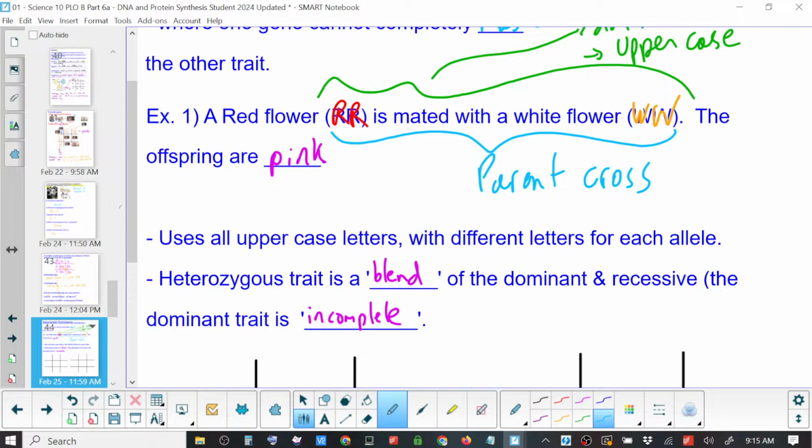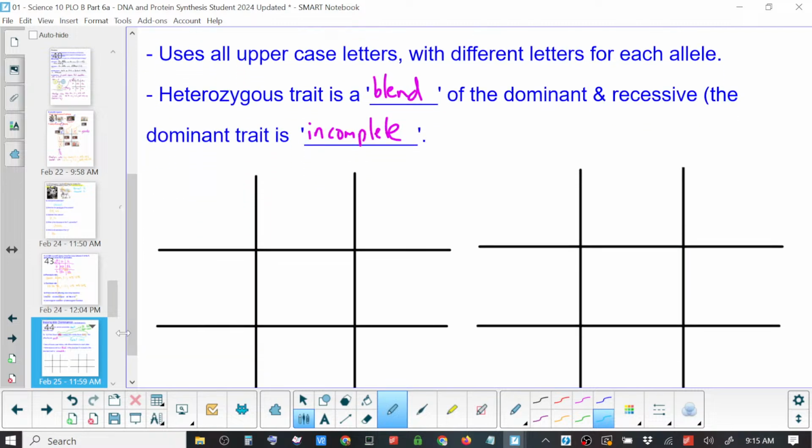I'm setting up because I'm going to ask you to do it below. I would like you to get out your coloring pencils and make little flowers. I would like you to show the colors, and show the parent cross here and the F1 generation here.